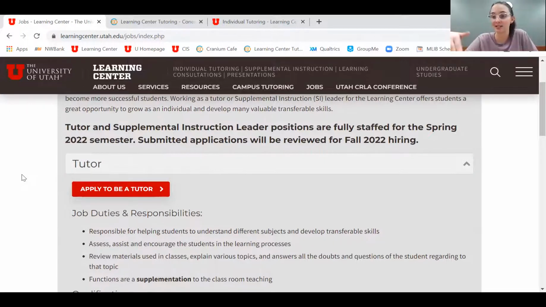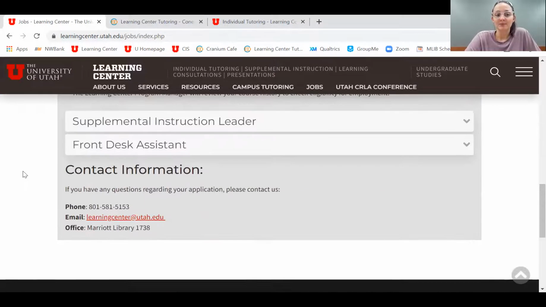It's super easy to apply. We just need to know who you are and what courses you want to help with, and then you need one recommendation. It doesn't have to be a professor. It can be anyone who can attest to you being good or having the potential to be a good tutor. So don't let that scare you away. Super easy.